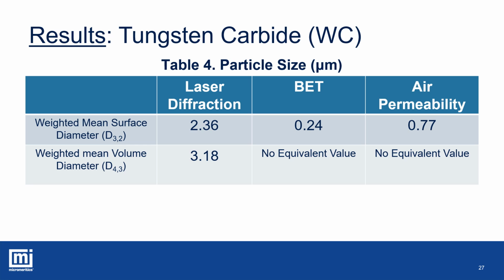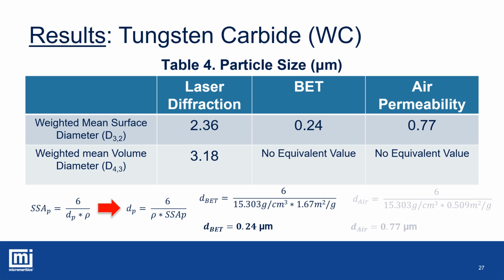And again, remember we had to calculate the D32, the weighted surface diameter from laser diffraction, using the density in order to compare the results. The results for BET and air permeability size, again, we had to solve for the particle diameter using the relationship that we established earlier in the presentation.